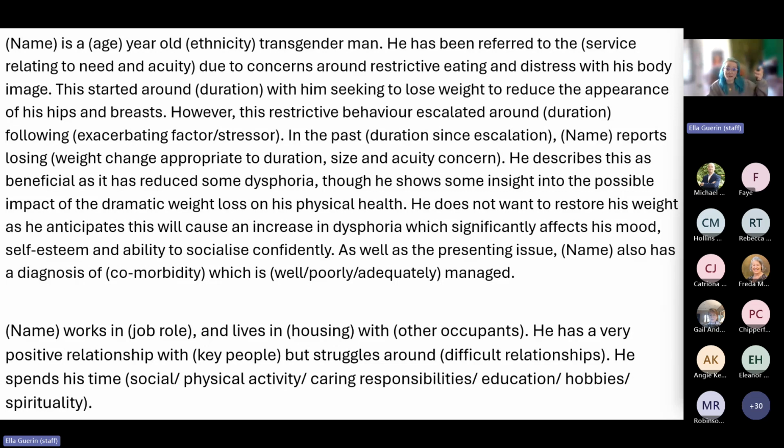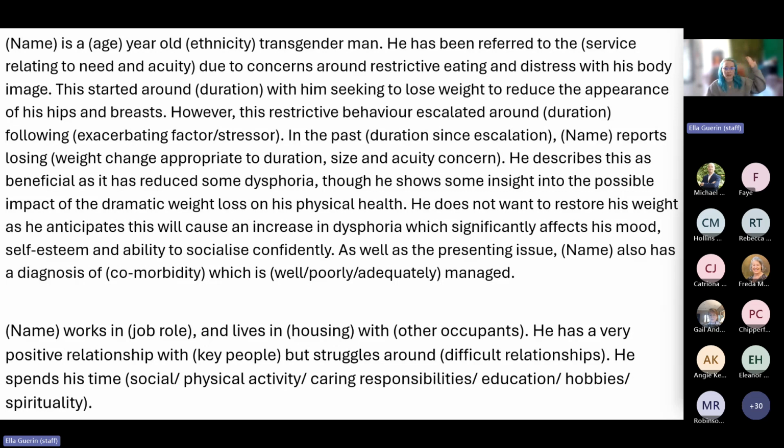Although this intervention might work for most people, will that work for our person? So as well as the presenting issue, Sam also has a diagnosis of type 1 or type 2 diabetes, which is, we're going to say it's well managed. We're going to say he's pretty good at managing it, but actually there is a risk around the restrictive eating that maybe it's not as well managed as it could be or as it's reported to be.